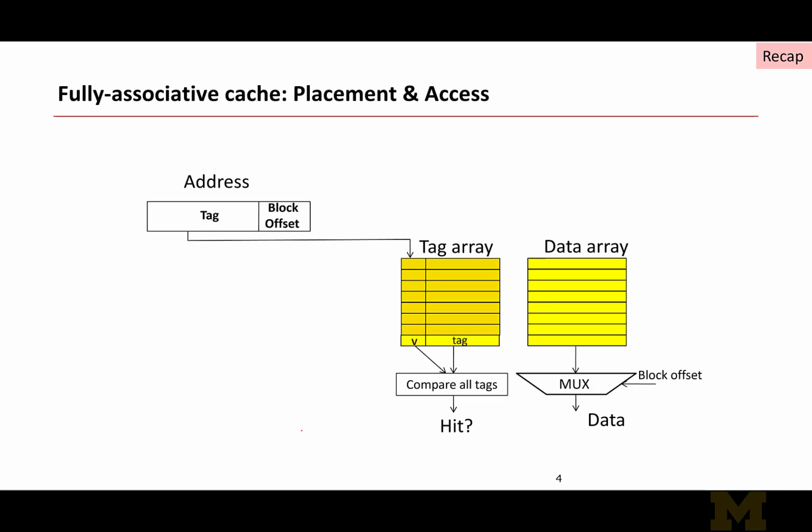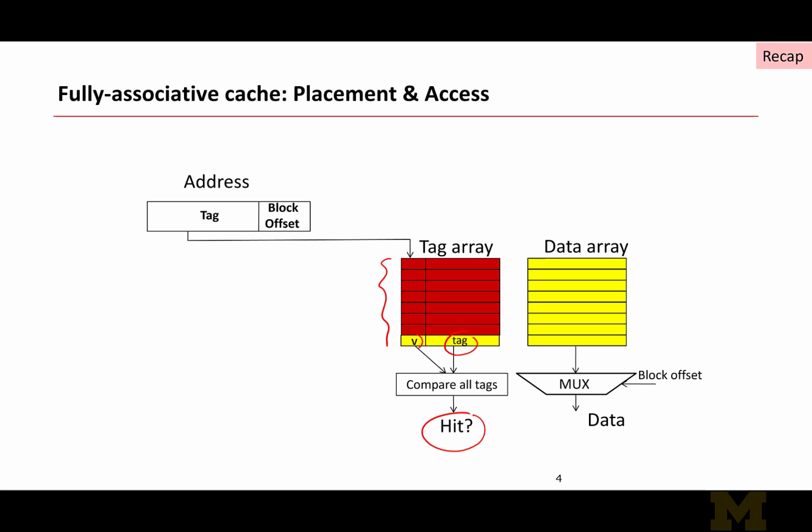Now, if you want to access this cache, you take the address. The cache would divide that into 2 parts, like I said. And then the tag would be compared against all the tags that are stored in the cache. So if any one of them found a match with the given tag address, then we would declare a cache hit.